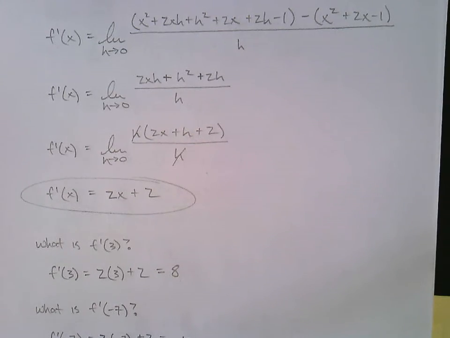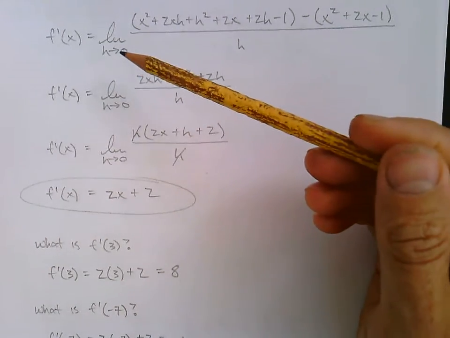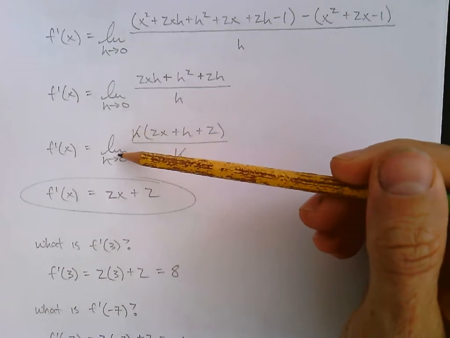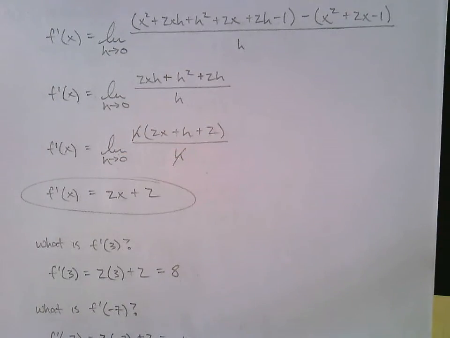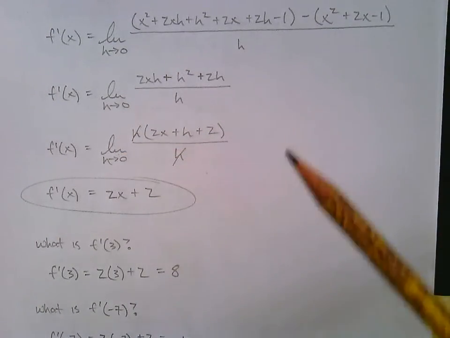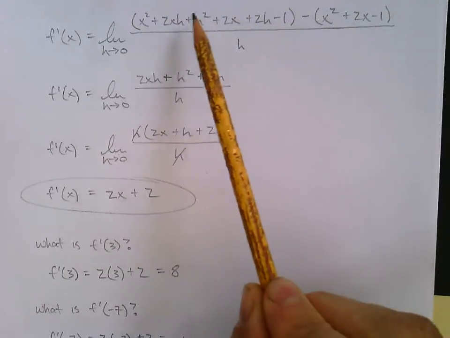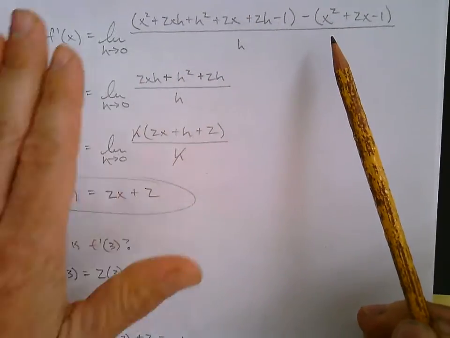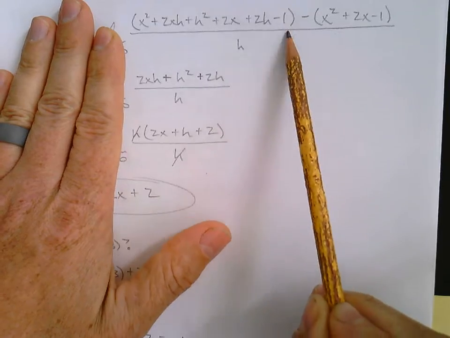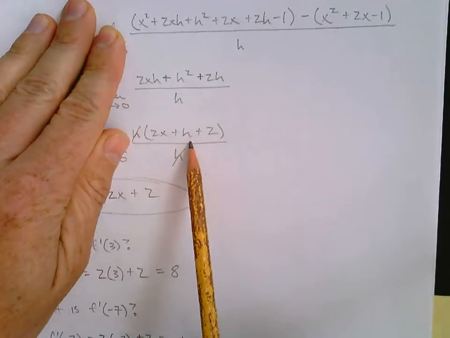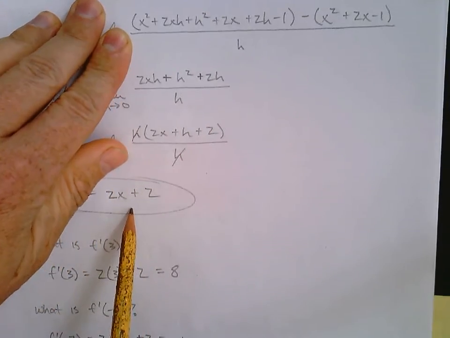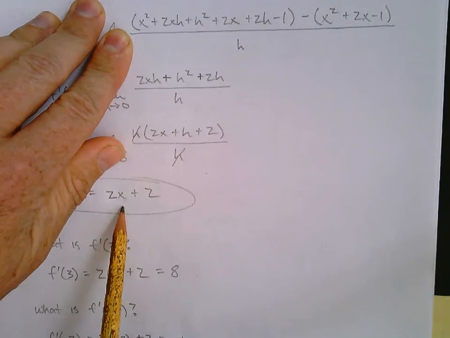Okay. Also, I kept writing limit as h approaches 0 until that point. Sometimes students will just work with the algebra, so they won't have any of this here. They'll go here to here to here, and then straight to there. So boom, boom, boom, boom.